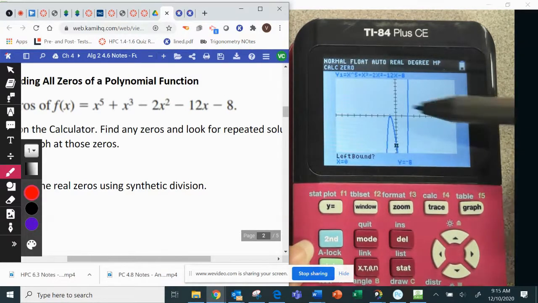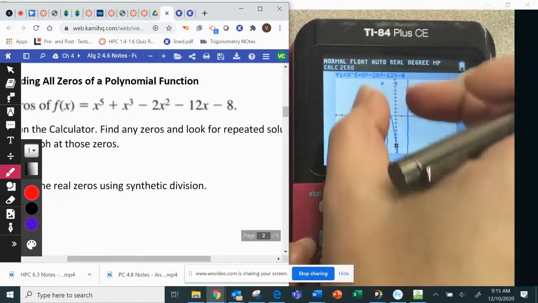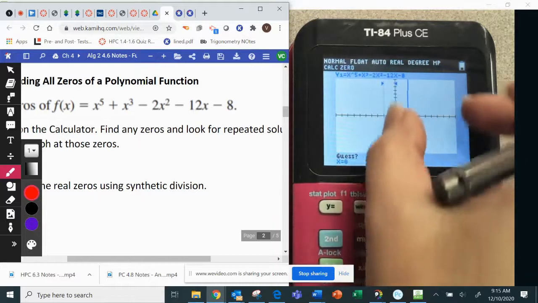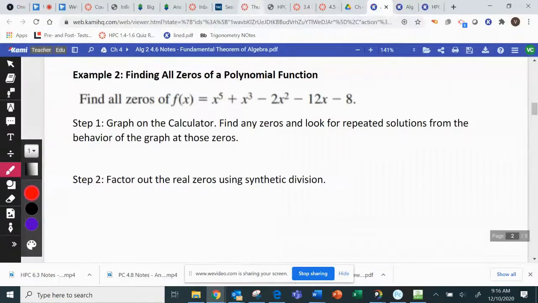Since I think it hits at -1, I'm going to pick something to the left of that, -2. Right boundary, I'm going to pick 0. So I'm telling the calculator, look in between -2 and 0. I think it's at -1, but I want the calculator to confirm it. And it does say, yes, your 0 is at -1. So I have -1 for a 0.